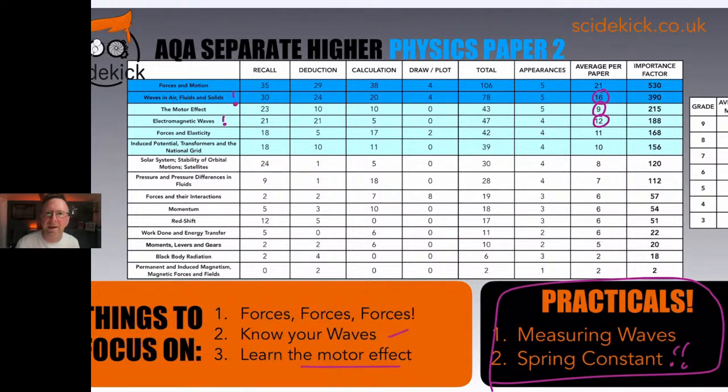They do love a spring, okay? And your elastic potential and your spring constant and all that sort of stuff. Forces and elasticity, calculation, these ones here. A lot of those marks are about spring constants and calculations, okay? So be prepared for those practicals.